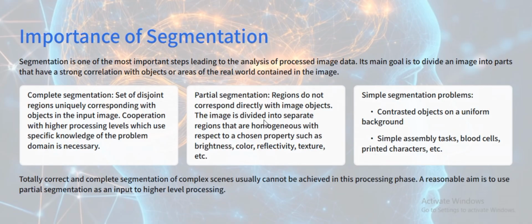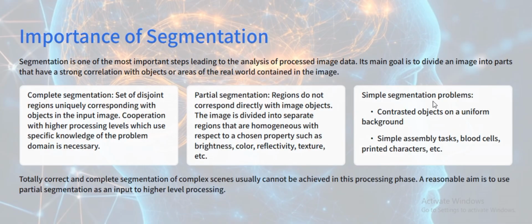The image is divided into separate regions that are homogeneous with respect to brightness, color, reflectivity, texture, and so on. That is, based on these properties, we segregate the image. But in complete segmentation, we do not do it based on these properties. We see all the regions and segment based on the relation. Here we divide based on these properties that are listed over here.